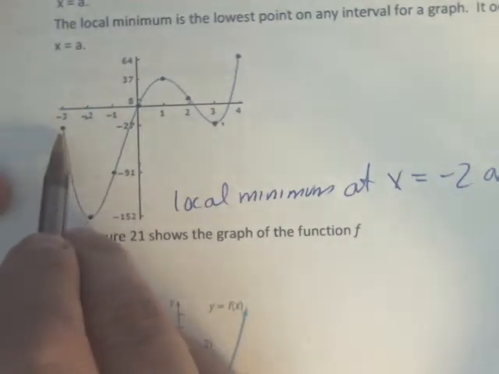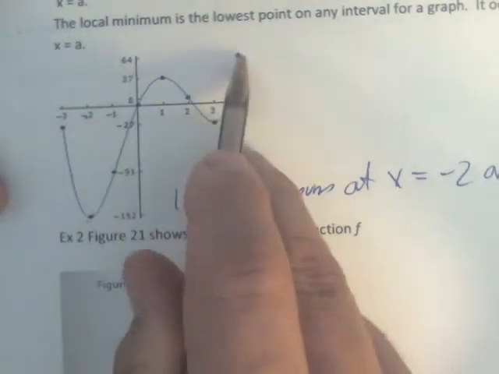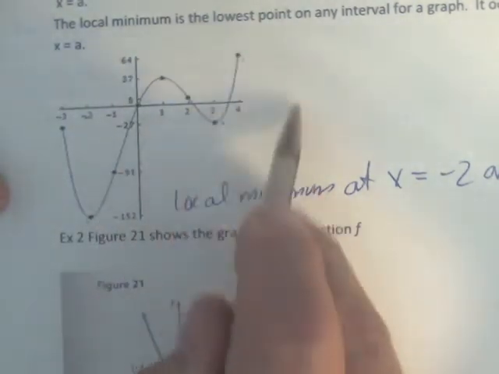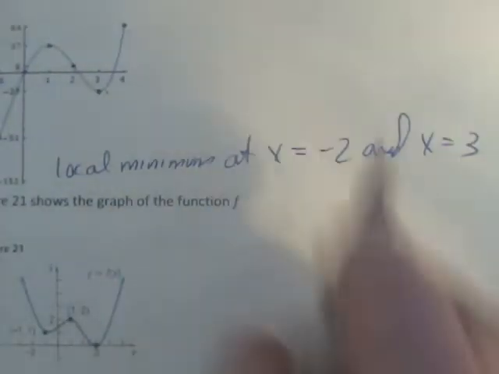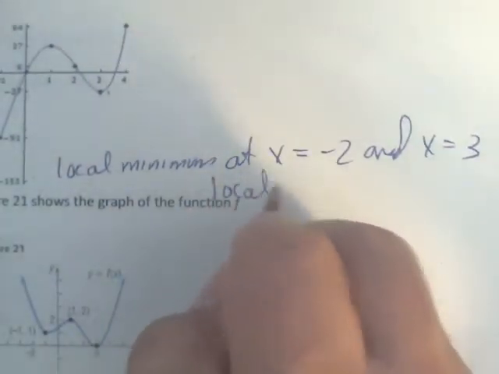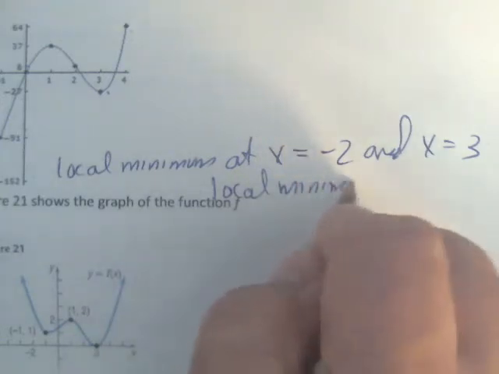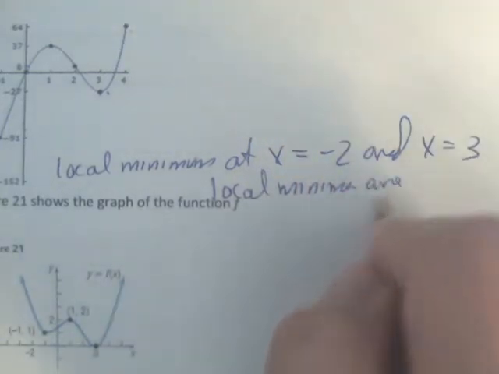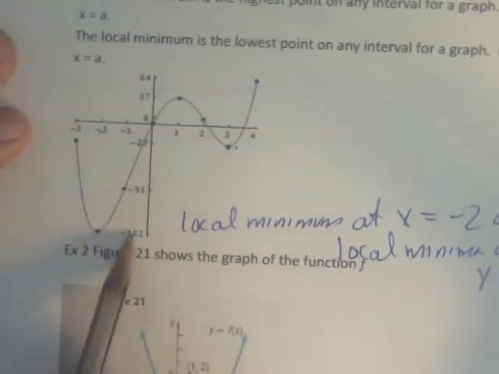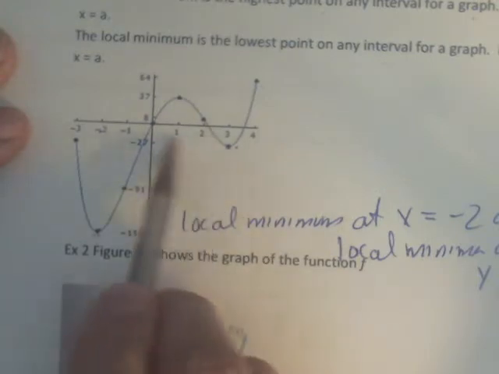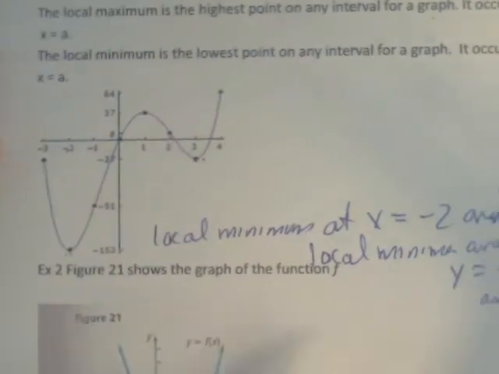So therefore this is not an interval, nor is this, because they're endpoints. They don't change directions. So those are my two, where they occur at, and the local minima are y equals -152 and y equals -27. So again, y is -152 and y is -27.